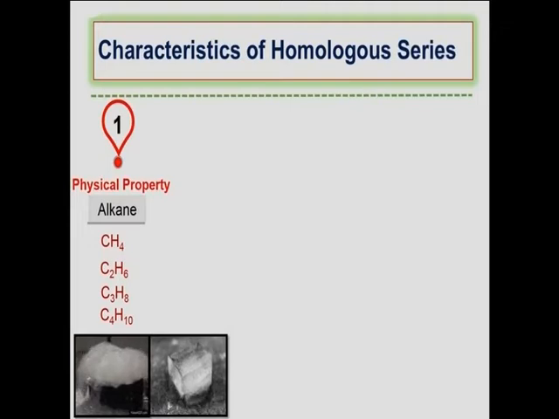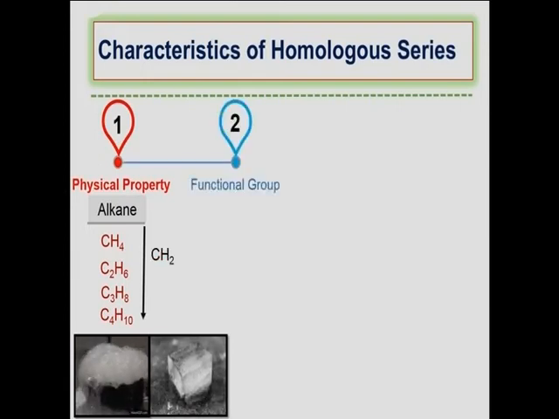They change gradually as we move down the series, meaning as you go down the series, the physical property will change gradually. Why does the physical property change? This is because as we go down, the number of carbon and hydrogen atoms increases. It increases by 1 carbon atom and 2 hydrogen atoms as we go down the series.